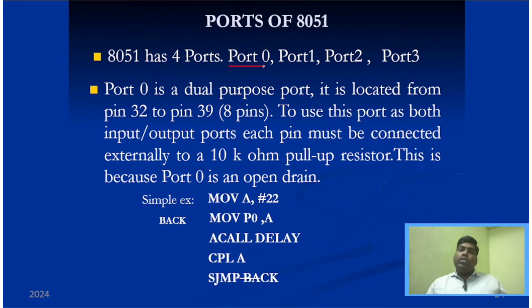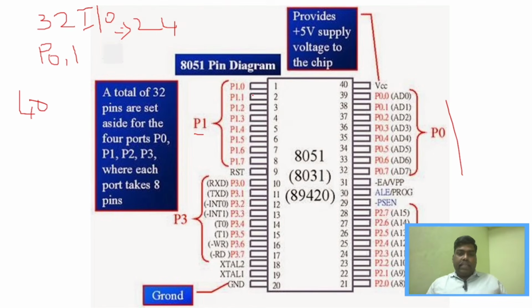Port 0 is dual purpose, and you can see the pin numbers here. Port 0 starts from 32 to 39. Similarly, for port 1, you can see it is from 1 to 8.